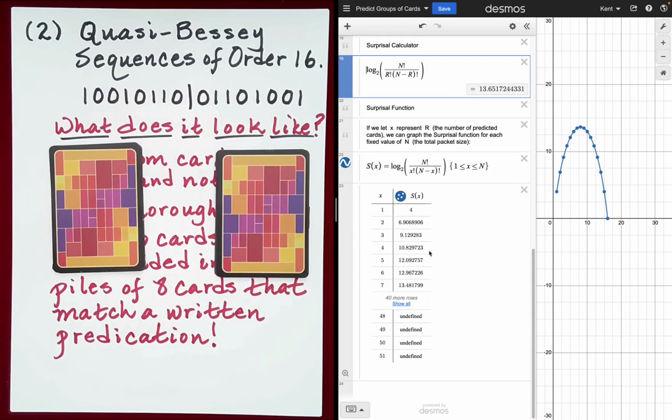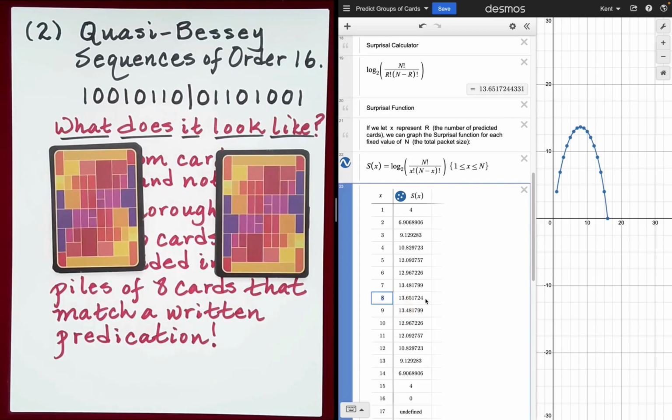There we go. And I guess we need to click Show All. The particular one that we are working with, because we're breaking the packet of 16 cards into two piles of 8 cards, is here is our Surprisal value. And as you can see, that's where the maximum occurs. So we hit maximal Surprisal for what can be done with this packet of 16 cards when randomly choosing a certain number of them, but being able to predict what those cards are in the end. So there is our Surprisal value.